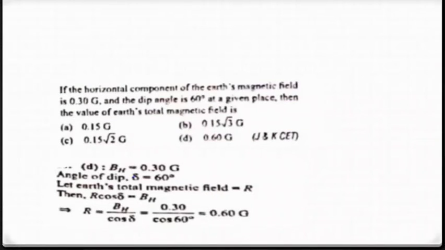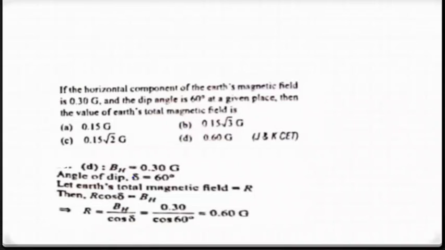Last question. If the horizontal component of the Earth's magnetic field is 0.30 G and the dip angle is 60 degrees at a given place, then the value of Earth's total magnetic field is. Here we have the horizontal component BH as 0.30 G, and the angle of dip is 60 degrees.